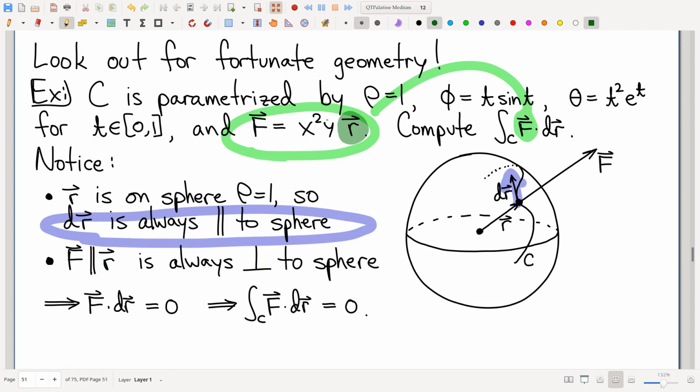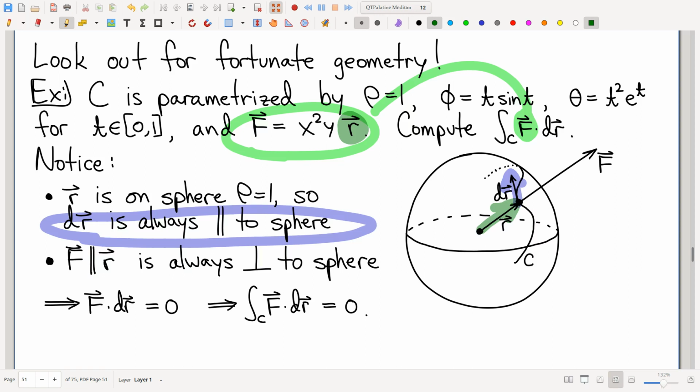And now let's look at the geometry here. The position vector, if you're talking about, as we are, rho equals 1, a sphere centered at the origin, has a geometric appeal: spheres have this wonderful property that their position vector is always perpendicular to the surface. That's sort of a peculiarity of spheres centered at the origin. And again, geometric appeal, something to think about geometrically, persuade yourself that makes sense.